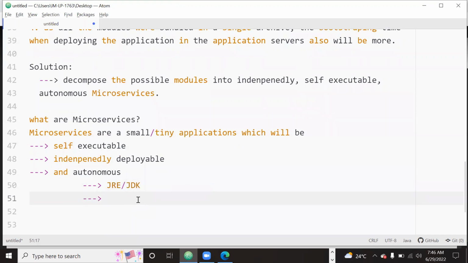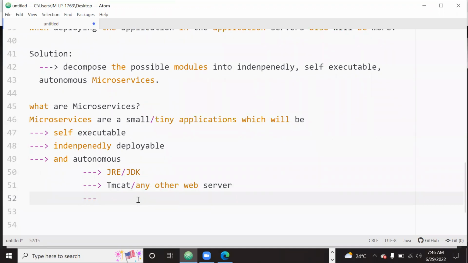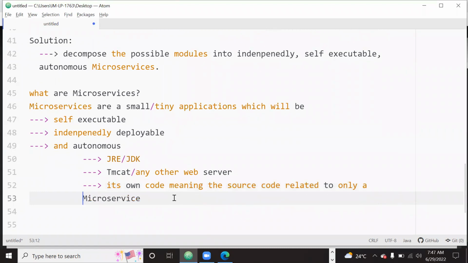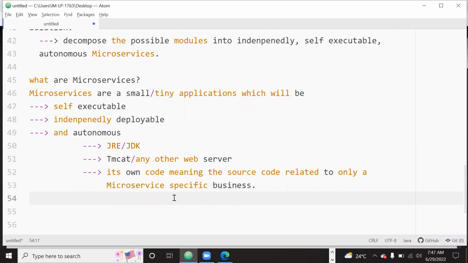Each and every application has its own Tomcat or any other web server, and each and every application or microservice has its own code, meaning the source code related to only a microservice-specific business.